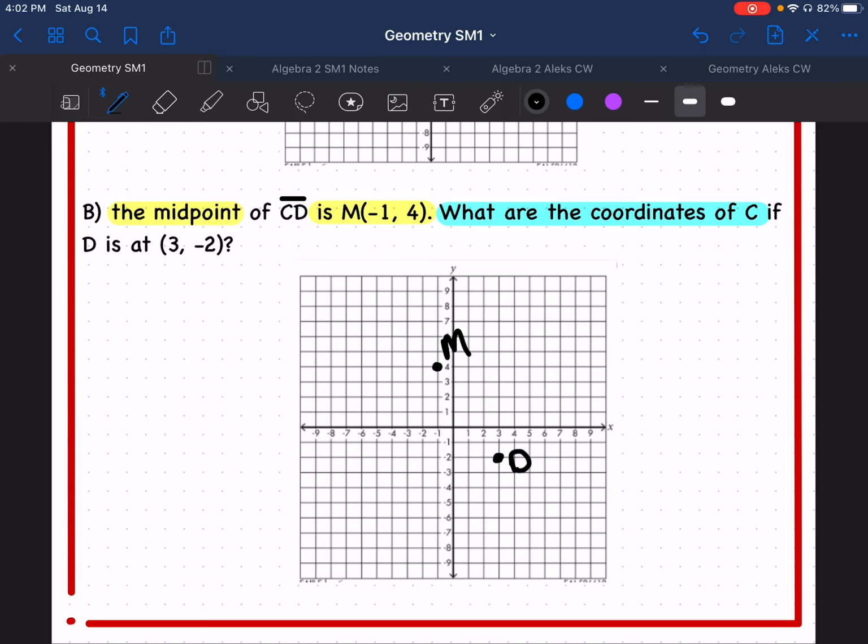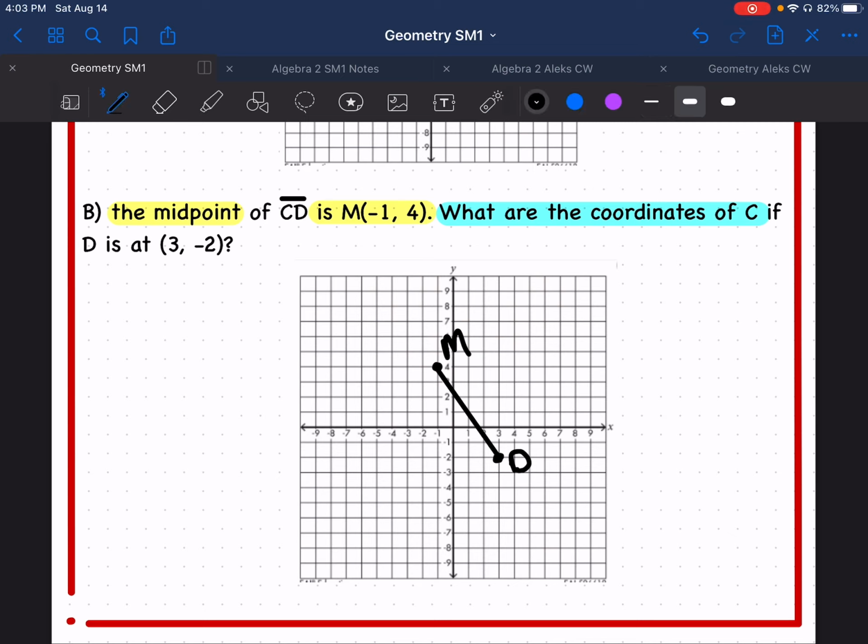This would be D. Okay, so I know these two are going to connect together like this. I kind of need to know where C would be. Well, would C be here? Could this be C? No, because now D is in the middle, and we know that this is the midpoint, right? So if that's the midpoint, C has to be somewhere up here.